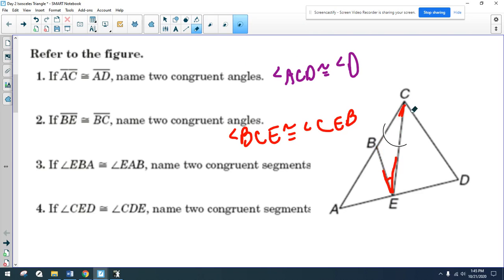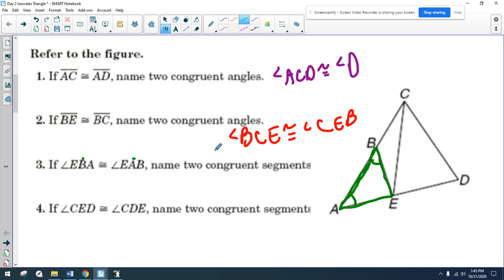All right, next, I've got angle EBA. So if I look at EBA, that's this angle, is congruent to EAB. That's this angle. Okay, remember the letter in the middle, that's always going to be the vertex, the angle you're really looking at.